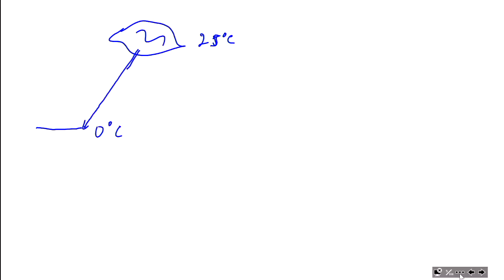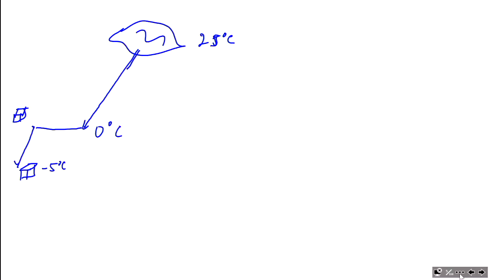And after that, we are left with solid water, which we call ice, but we're still taking away energy from it. So it's cooling down from 0 to -5 degrees.